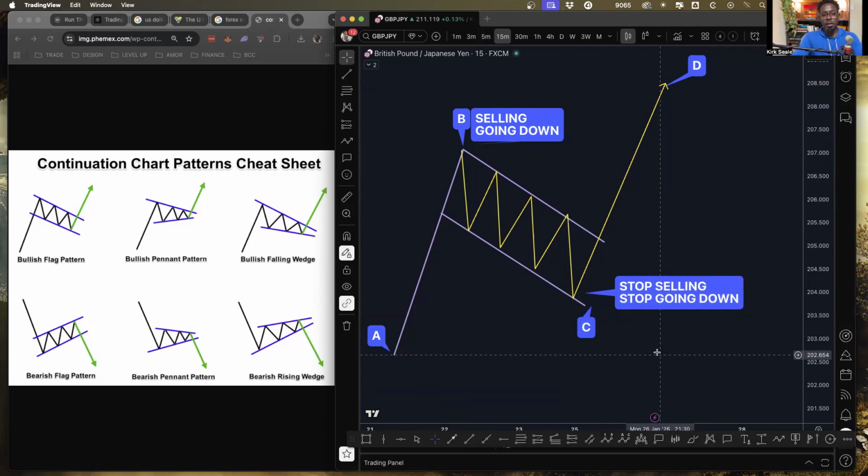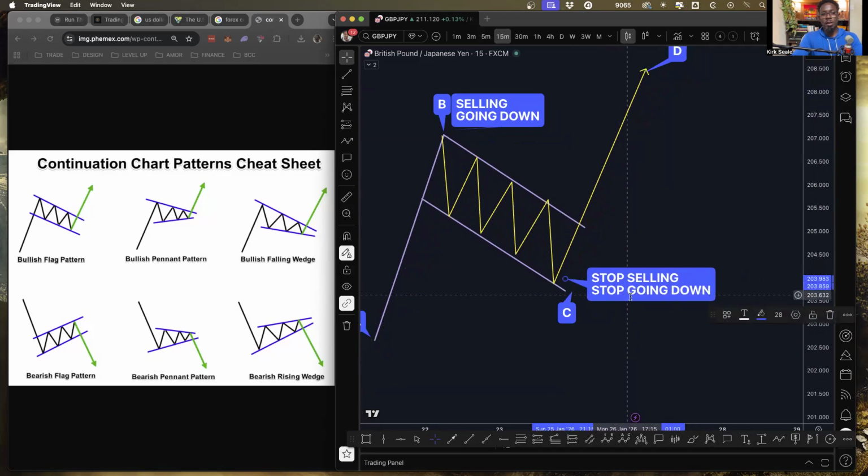We're going to look on a lower time frame. It's going to make more sense when I find this on the chart and we start to dive in. So B to C, price is selling. At C, we needed to stop selling and stop going down.